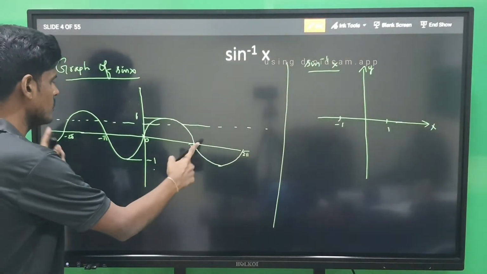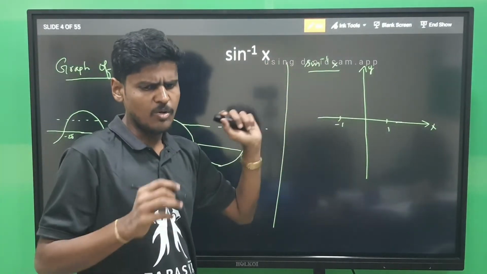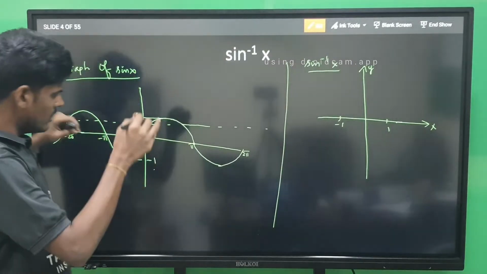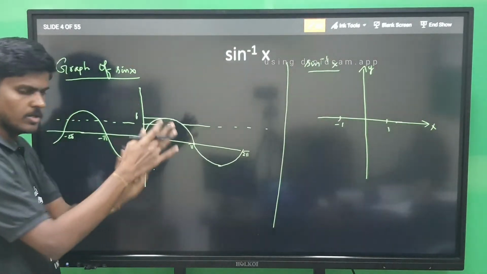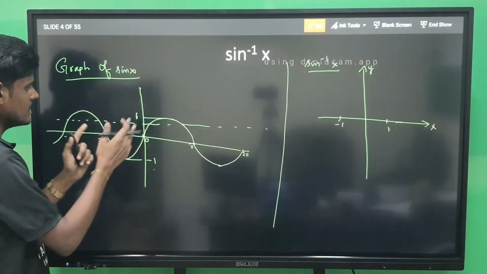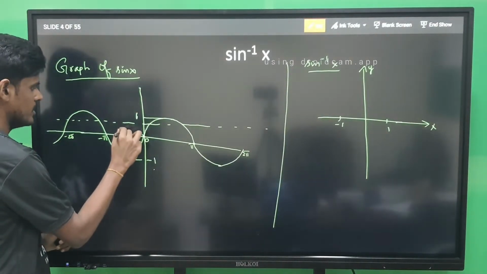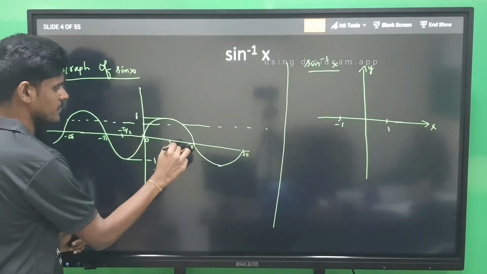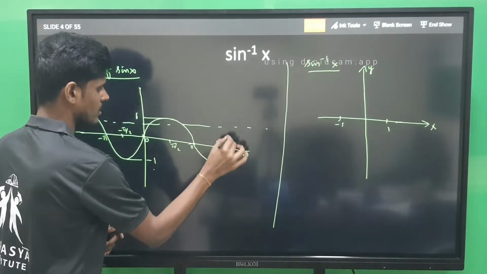Now what do we need to do? Find the range of this function. Now how to find the range, sir? Normally what we do is, this function should be one-to-one in nature. So see if this function is one-to-one or not. This value is minus pi by 2, this is pi by 2, 3 pi by 2.